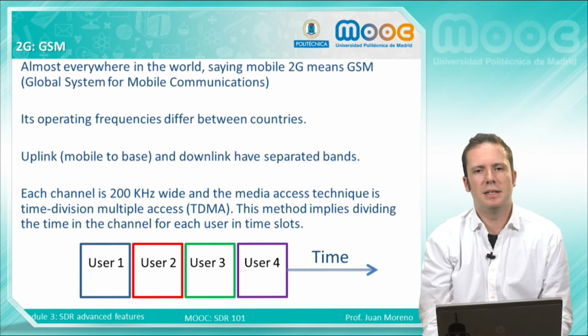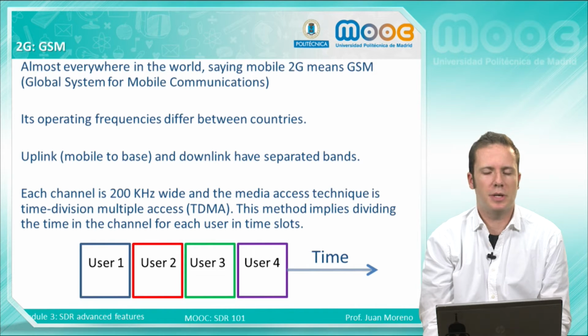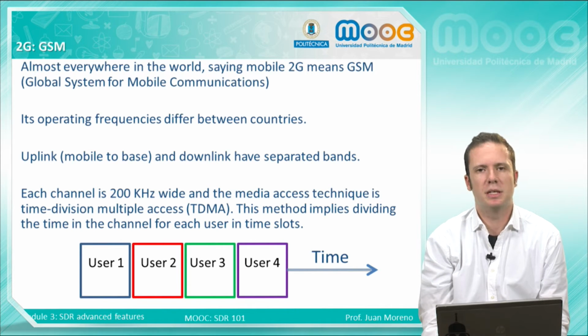Let's see how works the second generation of mobile communications. Almost everywhere in the world, 2G means GSM. As in the other mobile systems, the operating frequency differs between countries, so make sure which frequencies are using these types of systems in your country.